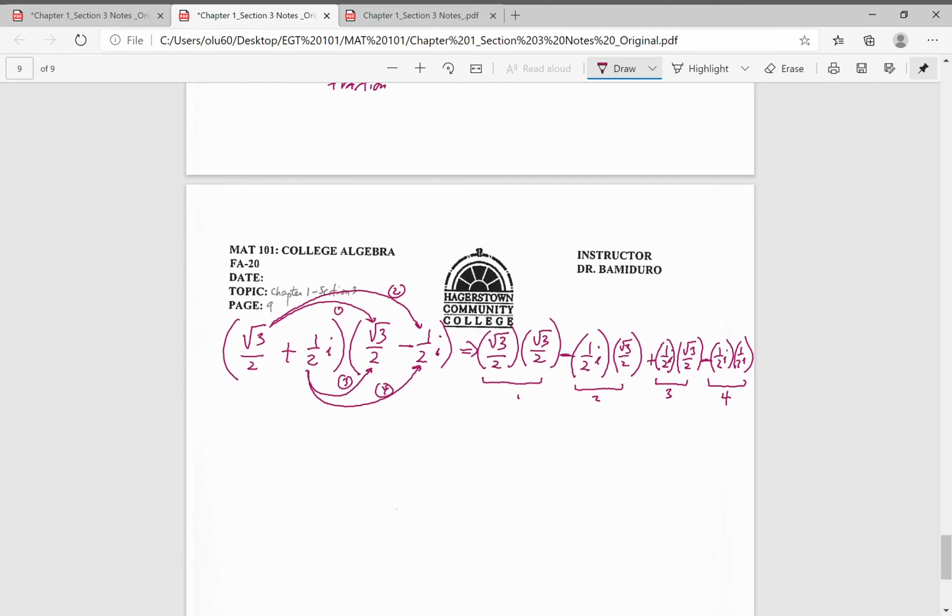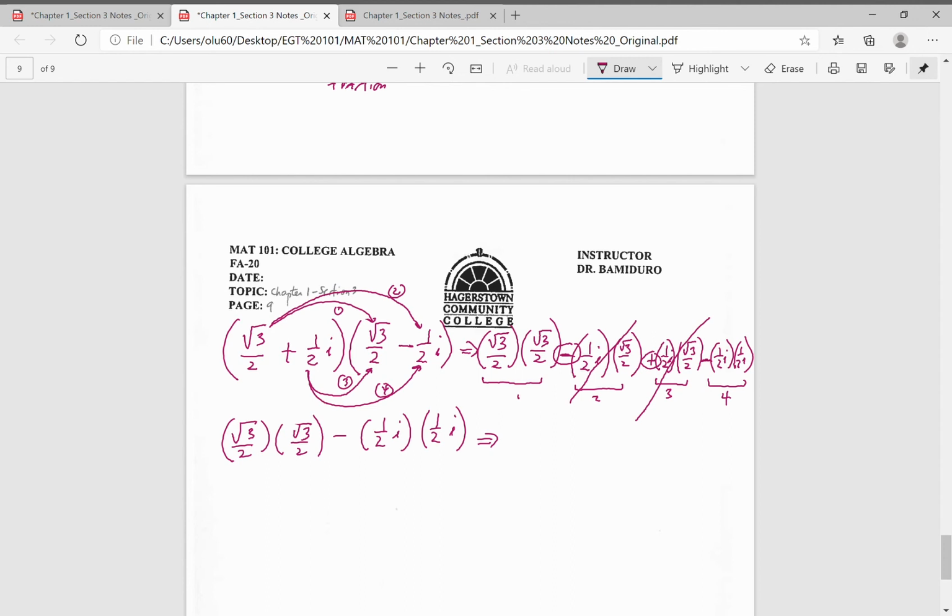Okay, so now we have, again, these two cancel each other out because of the negative sign here and the positive sign here. So we're left with root 3 over 2 times root 3 over 2 minus 1 over 2i times 1 over 2i.